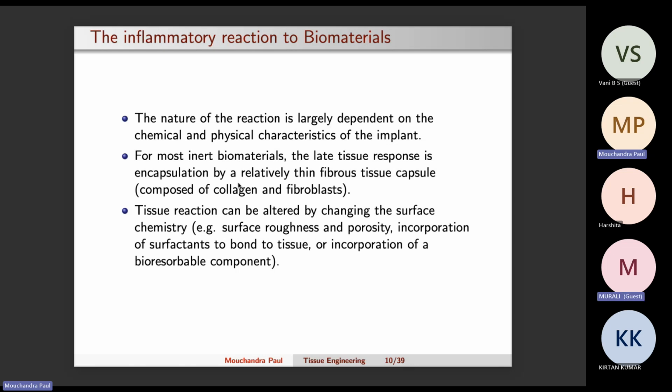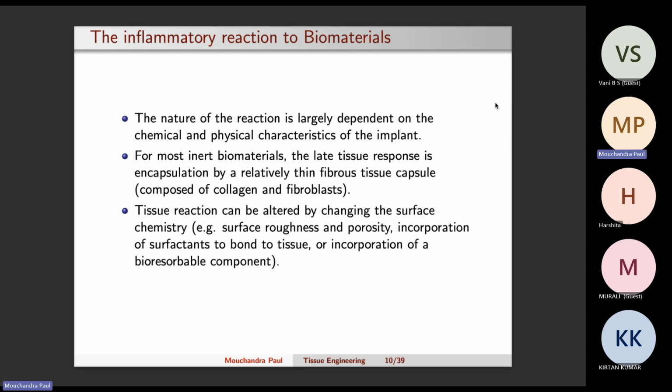So that is why fibrosis is happening, where a very thin capsule of collagen and fibroblast cells gets formed. These fibroblast cells don't really interact with the biomaterial. Rather, their role is to secrete collagen and continue to secrete collagen. So a thin layer of collagen and other proteins can form and isolate that biomaterial.